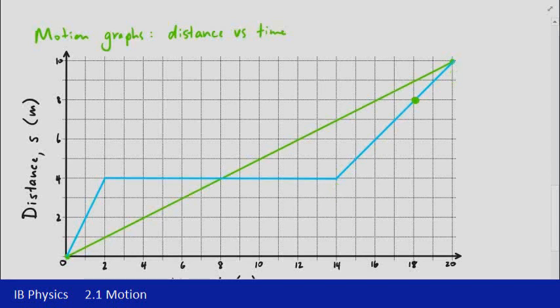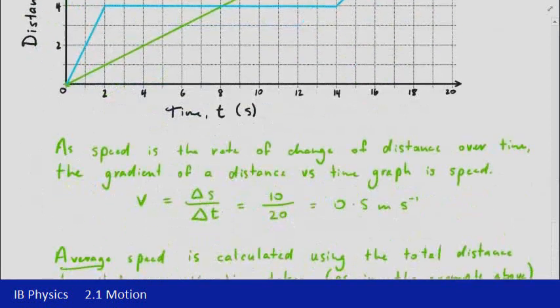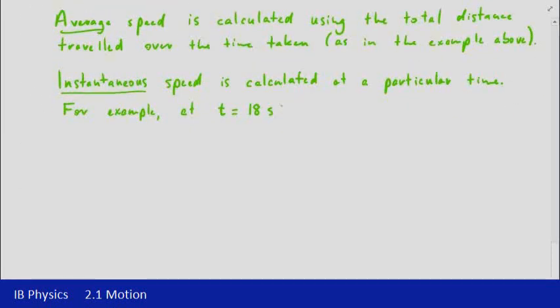So this point here is 14 seconds and a distance of 4 meters, and this point here, as we saw before, was 20 seconds and a distance of 10 meters. So we can figure out the instantaneous speed at this point by doing the calculation: speed equals the change in distance over the change in time at that particular point.